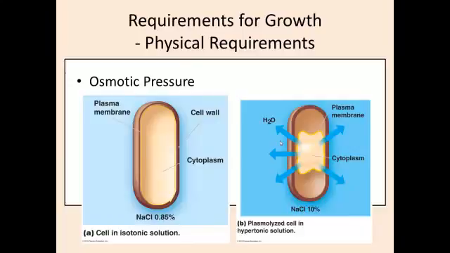Most organisms prefer either an isotonic solution, the same as their insides, or a hypotonic salt or sugar solution below what their cell contents are. If organisms like a higher salt concentration than about 2%, we start calling it a halophile.